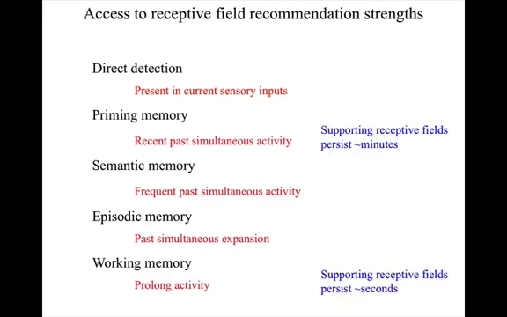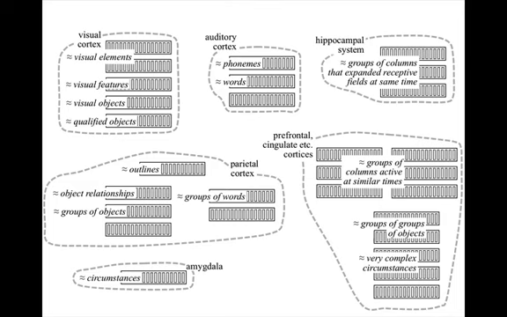Each type of memory requires receptive fields that can support the indirect activation, and in some cases, the receptive fields must only be defined for fairly short periods. So, looking at this conceptual picture of the cortex as a whole, different cortical areas have connectivity that enable them to discriminate between different types of circumstances, or to record correlated activity by different groups of columns.